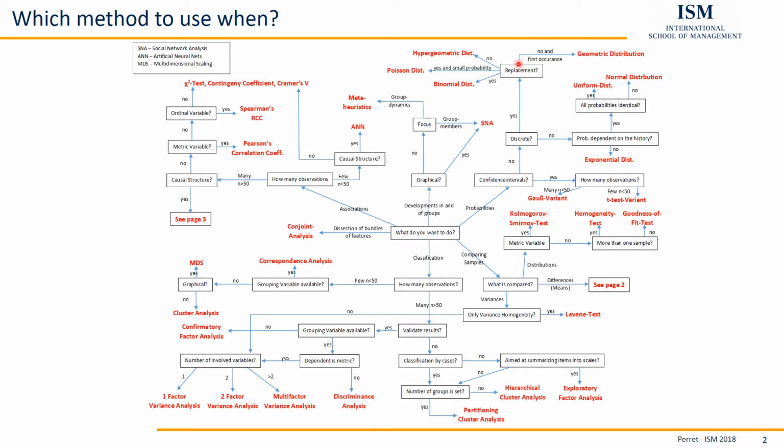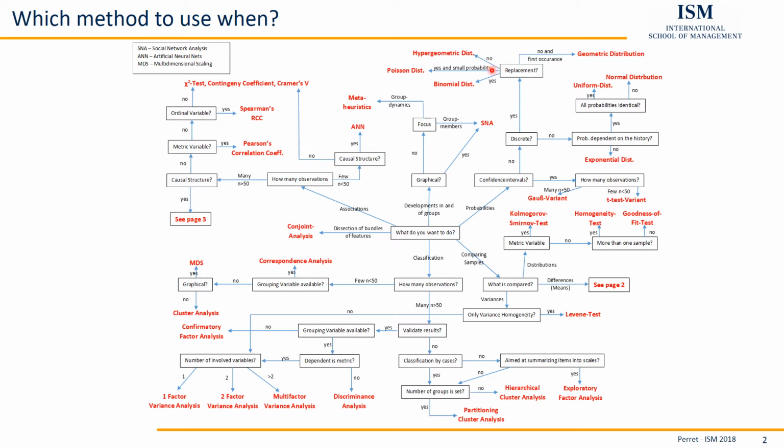Say if there is replacement, so one object can be chosen more than once, then you go with the binomial distribution. If it can only be chosen once, you would go with the hypergeometrical distribution. So that's the classical questions you might ask with replacement.